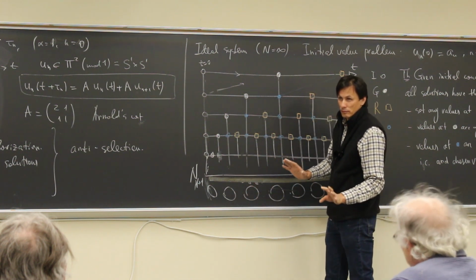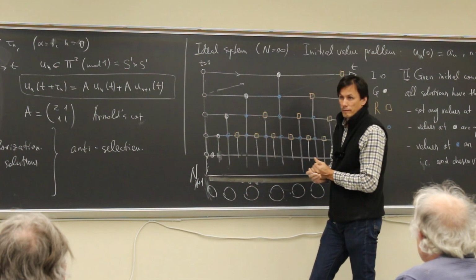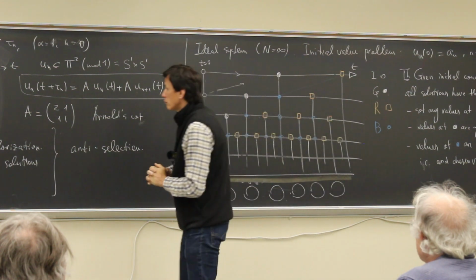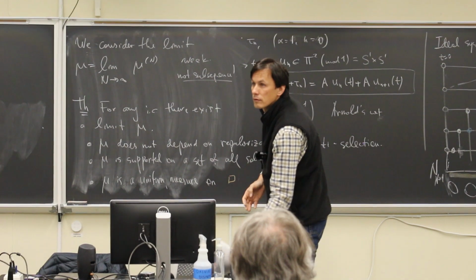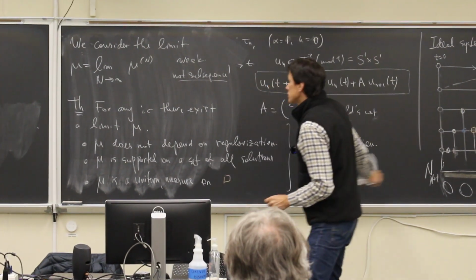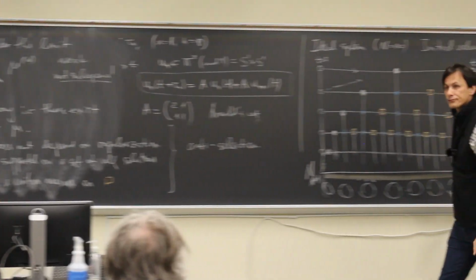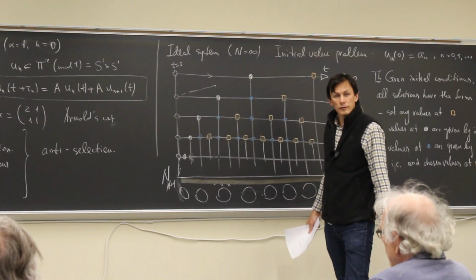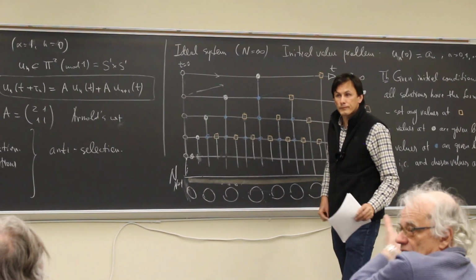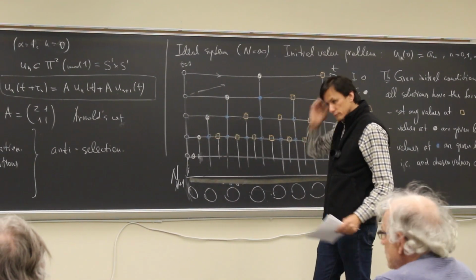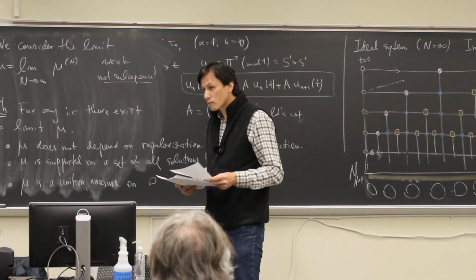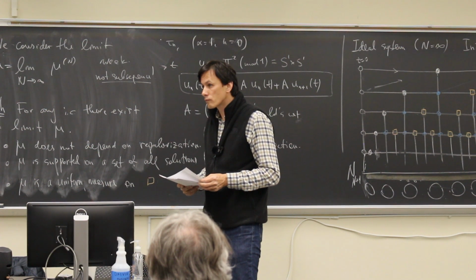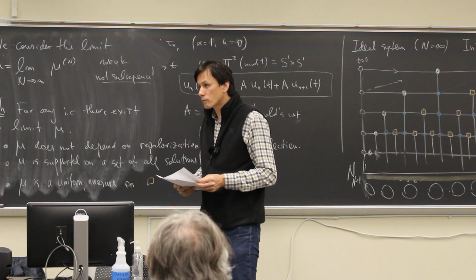If you change the distribution, does the limit change? No, this is for any distribution of noise. So mu does not depend on the distribution of these random numbers. He even said that it doesn't depend on anything except the first entry.